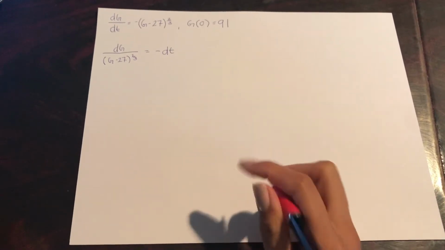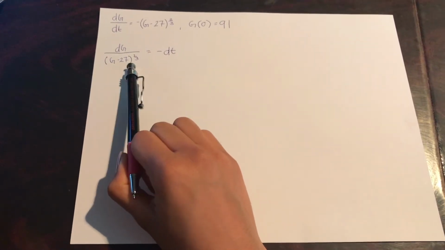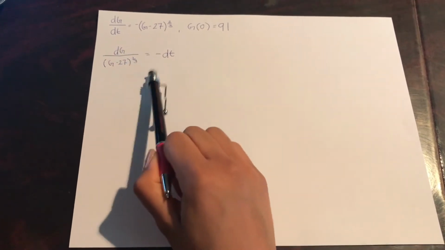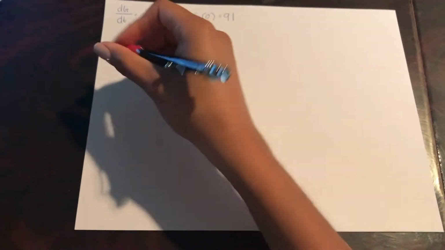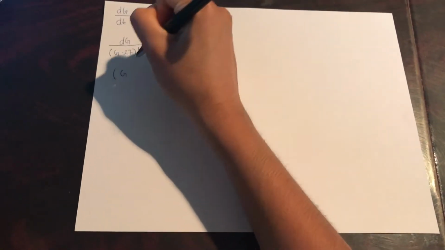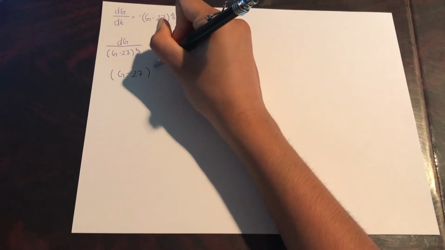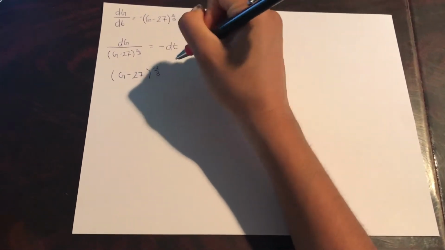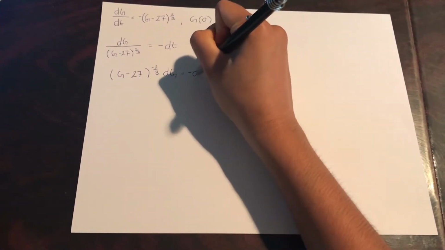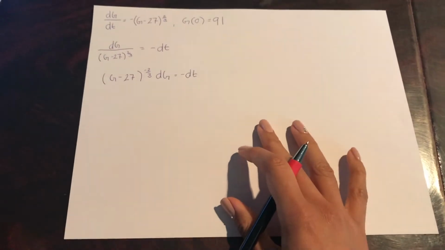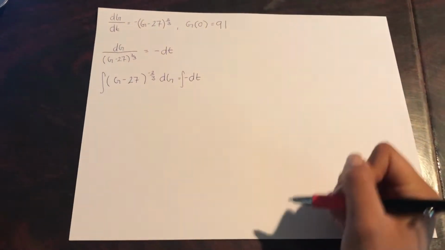So what I'm going to do next is basically just move this quantity to the numerator by making the exponent negative. So we're going to get the quantity of g minus 27 to the negative 2/3 power times dg is equal to negative dt. So now we can integrate both sides.